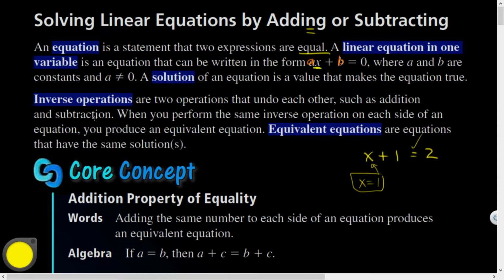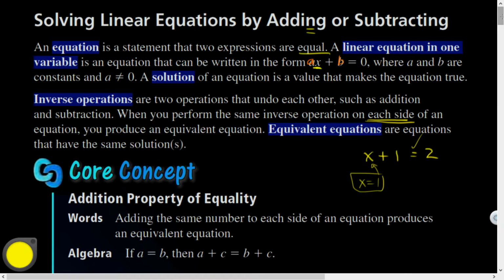Multiplying and dividing are inverse operations. And then even if you're fancy, you could say that squaring something and square rooting something will be inverse operations. And when you perform the same inverse operations on each side of an equation, you produce what's called an equivalent equation, and those have the same solutions.